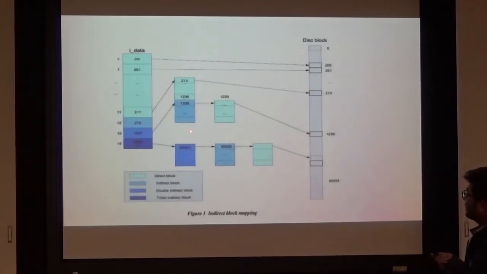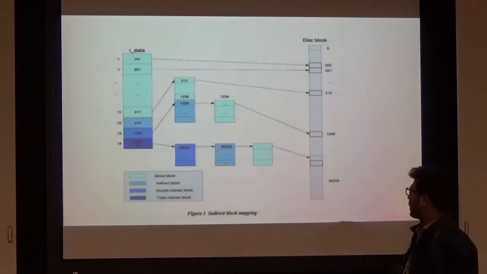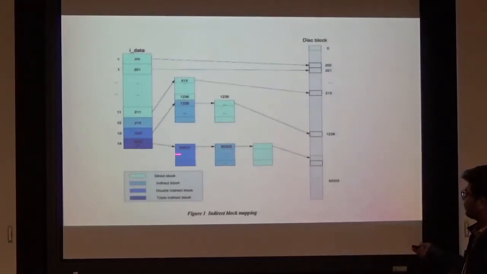And again, if the file is even bigger, then we'll have one double indirect pointer, which is two-level indexing. Each pointer will again point to the next block, and those in turn hold the exact pointers to the file data. And next we have 3-level indirection.